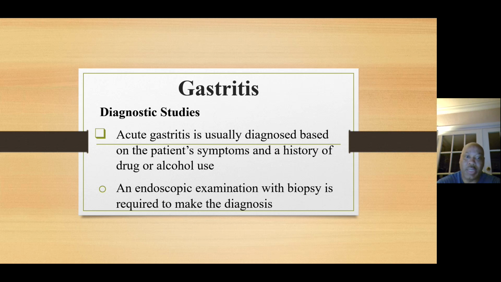Now, a CBC may show anemia from blood loss or lack of the intrinsic factor. So CBC is important. Stools are tested for occult blood. Serum tests for antibodies to parietal cells and intrinsic factor may be done as well.